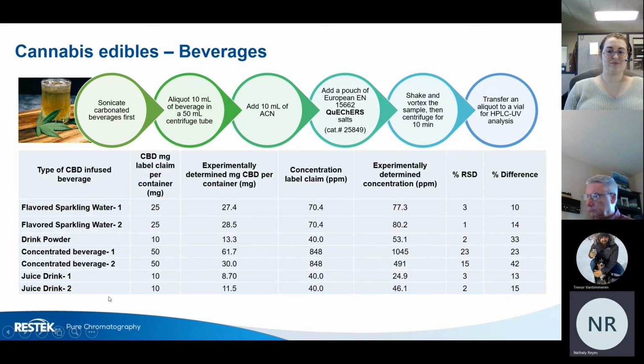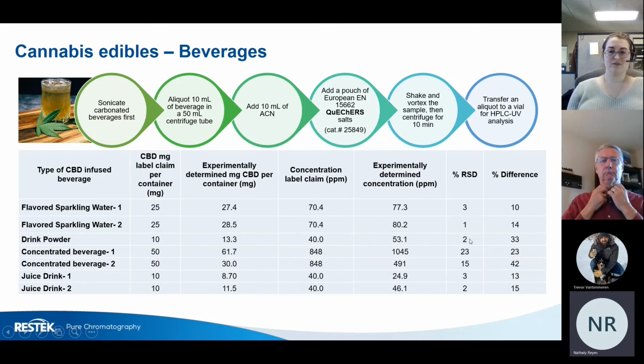And here we have some results that correspond to different types of CBD-infused beverages, including sparkling water, drink powder, and different other beverages. So in the table, we can see the CBD milligrams label claim per container, the experimentally determined milligram CBD, and the difference between the concentration determined experimentally versus the one claimed on the label.